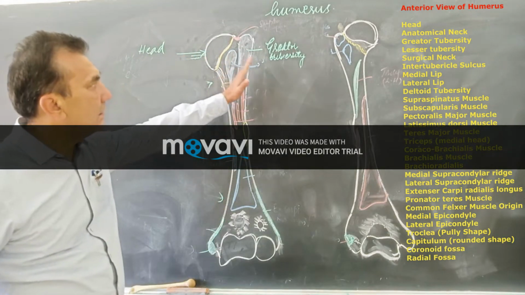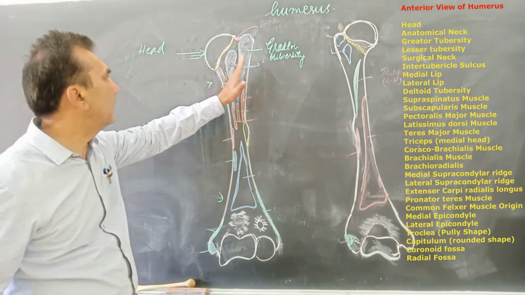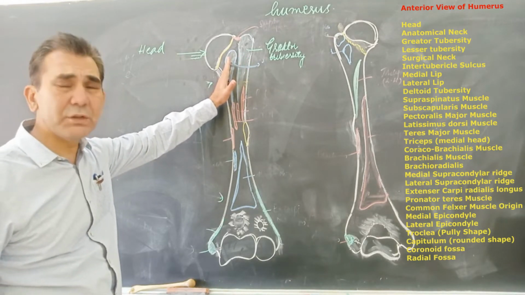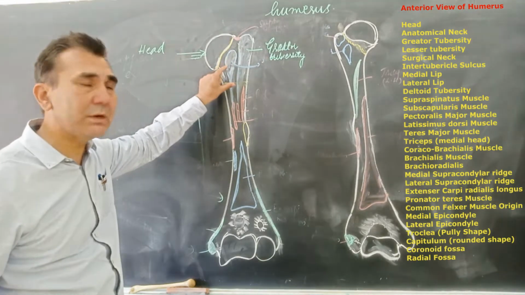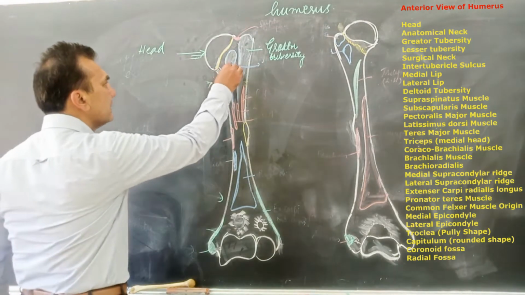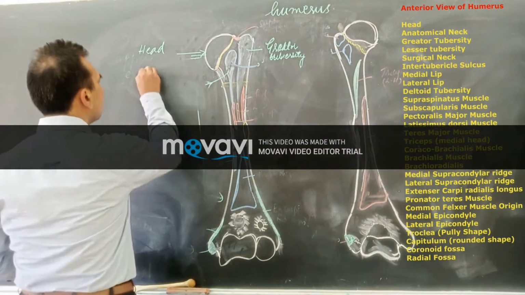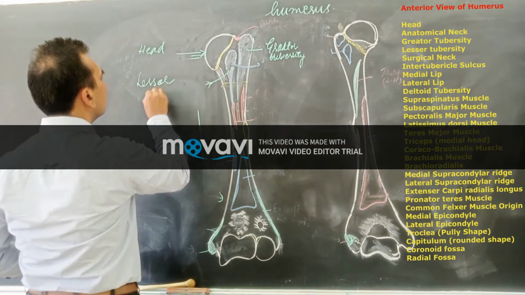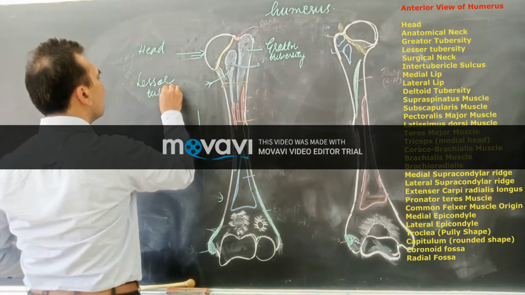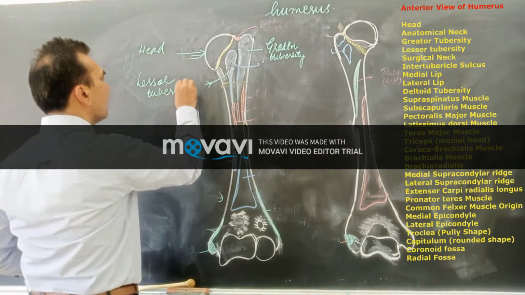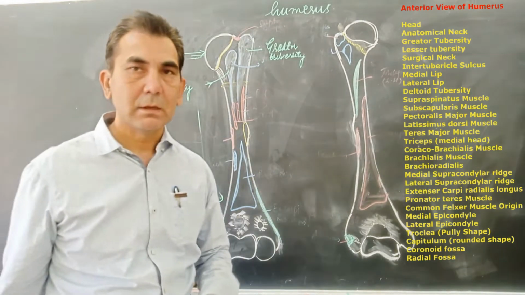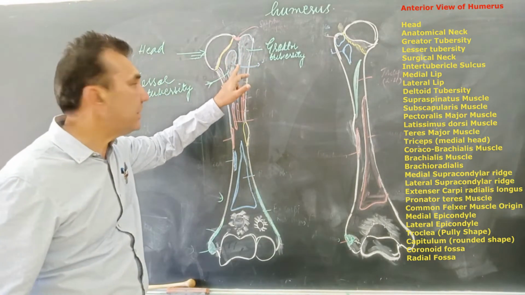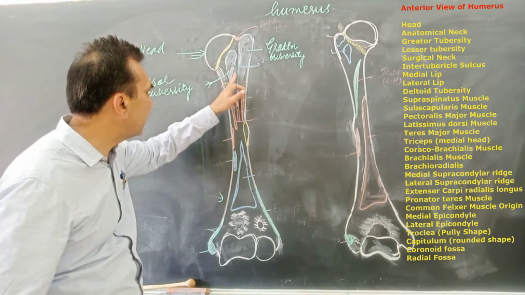On the medial side of the greater tuberosity, another smaller tuberosity is called the lesser tuberosity.